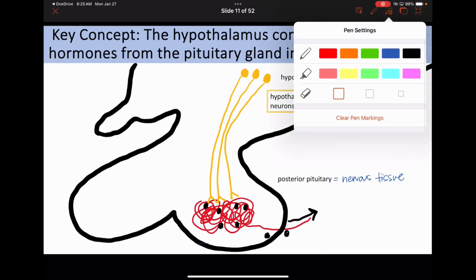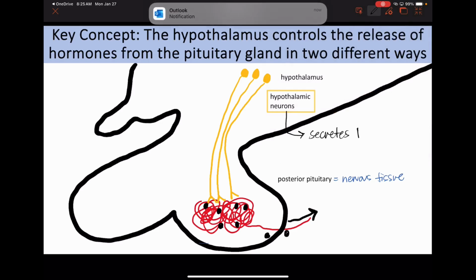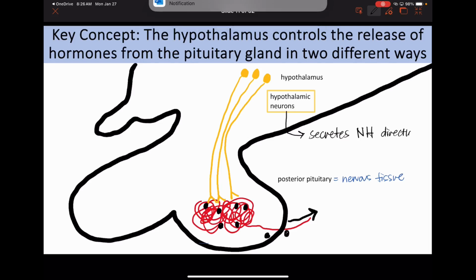So in this case, the hypothalamic neurons for the posterior pituitary secrete neurohormones directly into the body's blood supply.